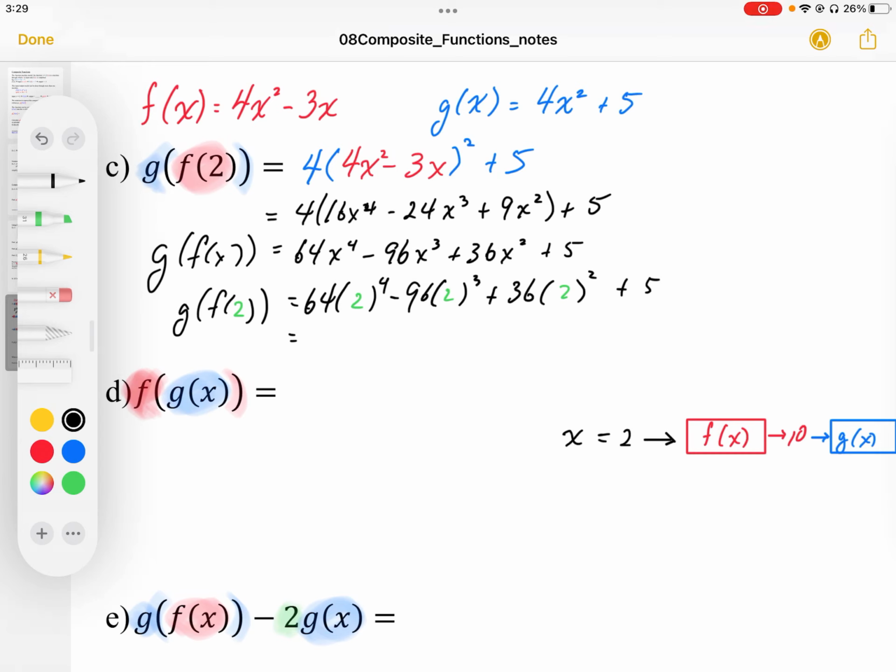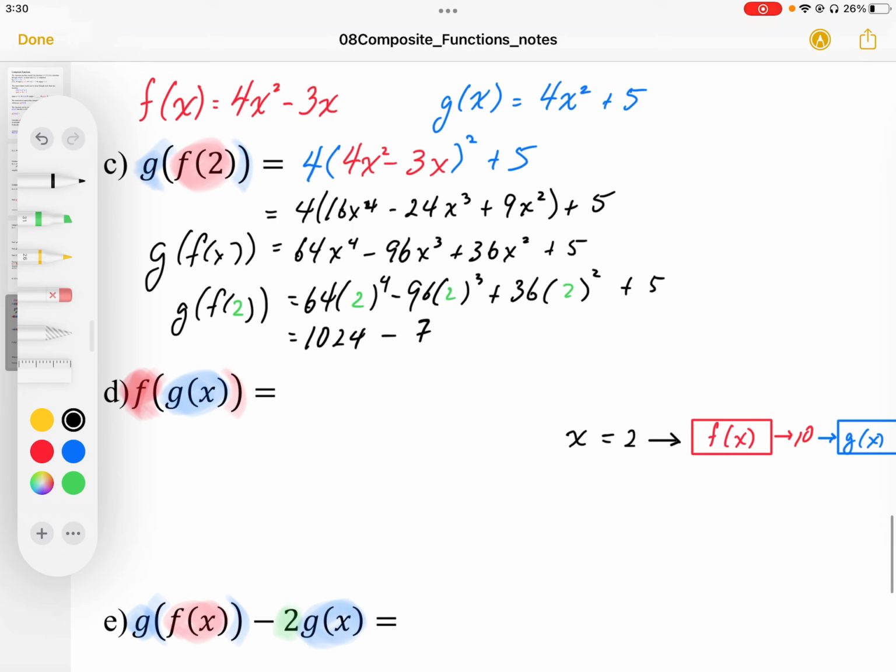So 64 times 16 is 1024. 96 times 8, let me just do this on my calculator. 96 times 8 is 768, plus 36 times 4 gives me 144, plus 5, and then putting that all into my calculator, I can work it out.